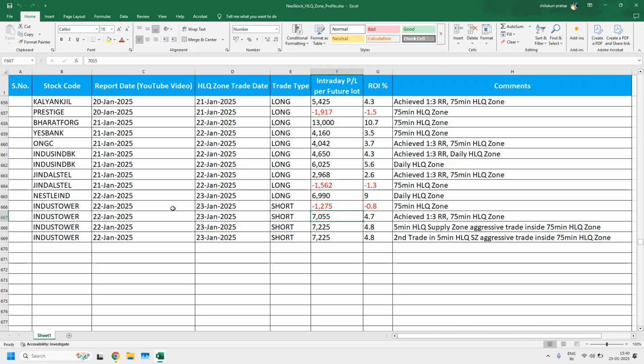These are the opportunities given by the software. Some of these opportunities I might have used, or some I might have missed. Same is the case with you also. Some of these opportunities you might have captured in your trading, or some you might have missed. But these are the opportunities our software, our HLQ zone strategy, is giving.